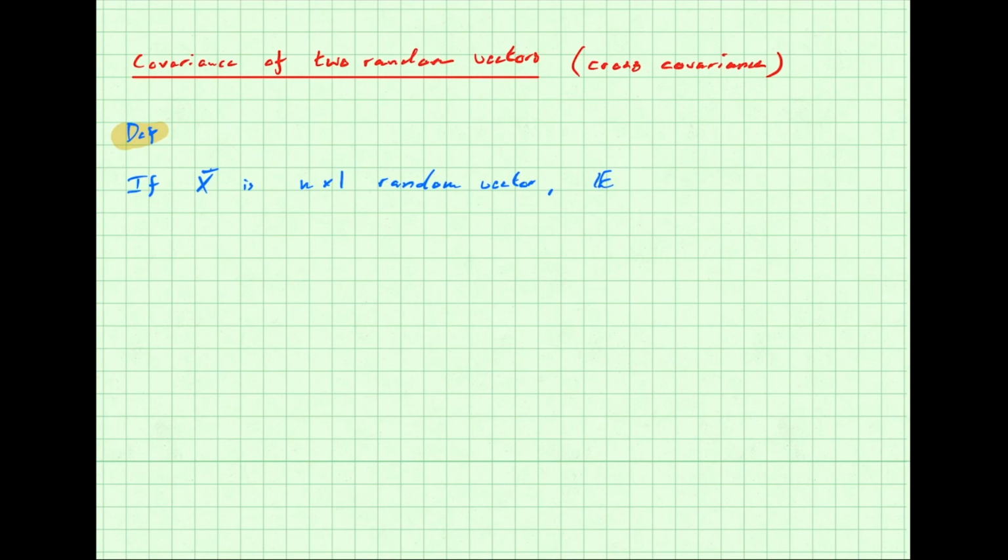The expected value of the vector X is equal to mu sub X. And similarly, if Y is another random vector, but with different dimensions, m by 1, its means look similar.